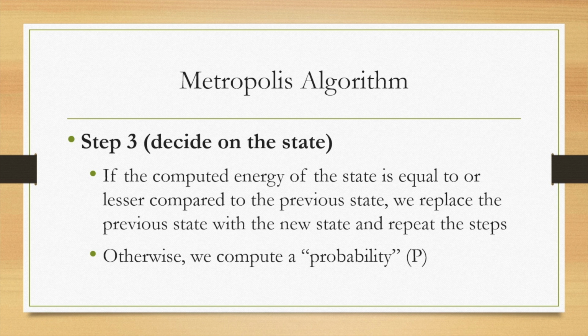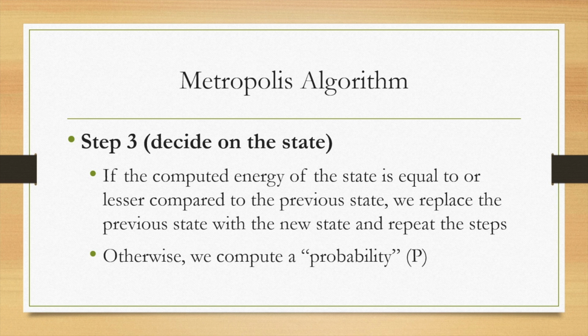Now, what happens when the new state has a higher energy than the previous state? Should we keep the previous state or not? The answer is not very straightforward, because there is a concept called local minima.